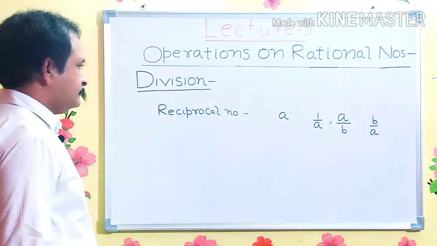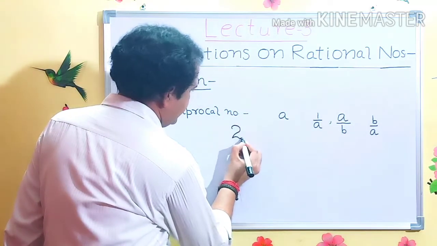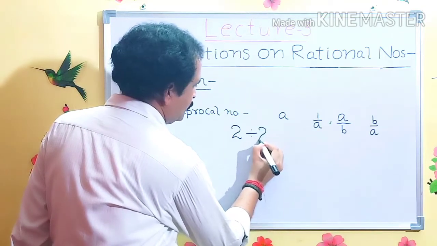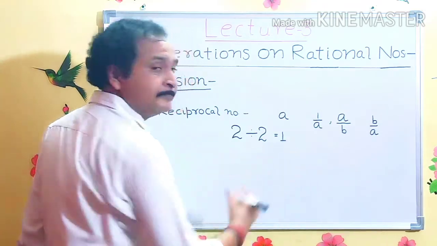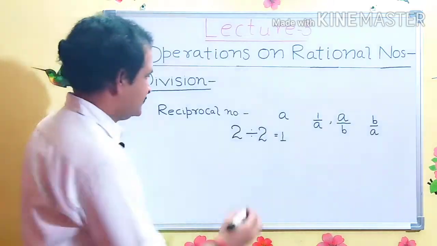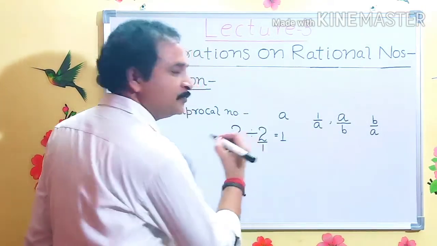Now, we know that 2 divided by 2 is equal to 1. These are also rational numbers because 2 can be written as 2 upon 1.